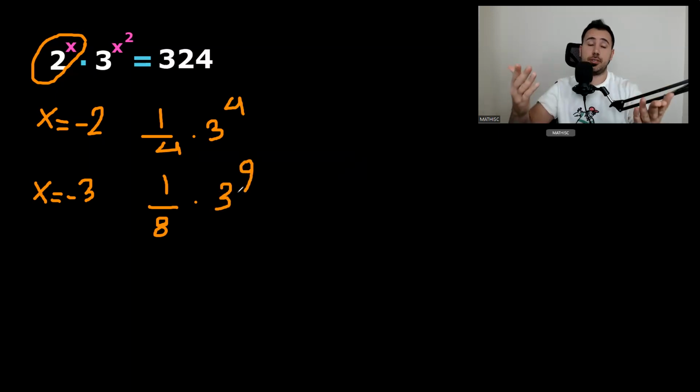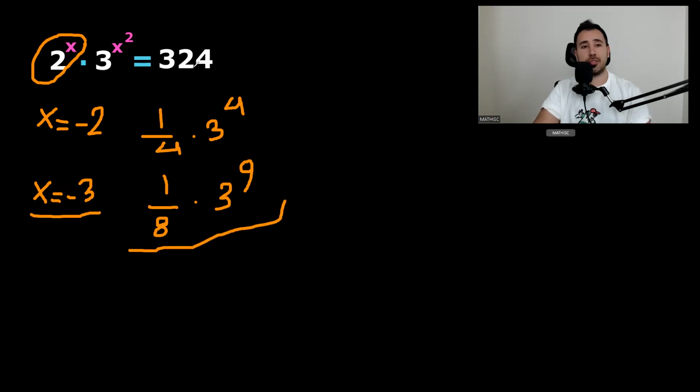It's much larger. So the same thing is happening as x gets bigger, but for x getting larger and larger in the negative direction, like -3, the whole thing is growing. So for that reason we expect a negative solution.